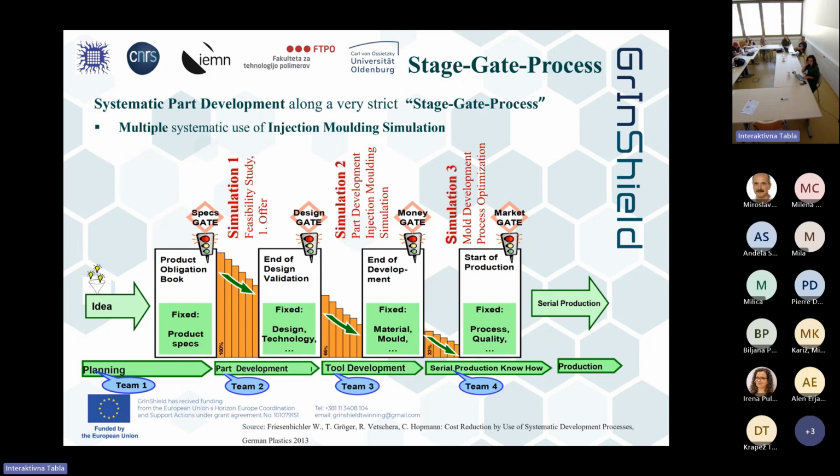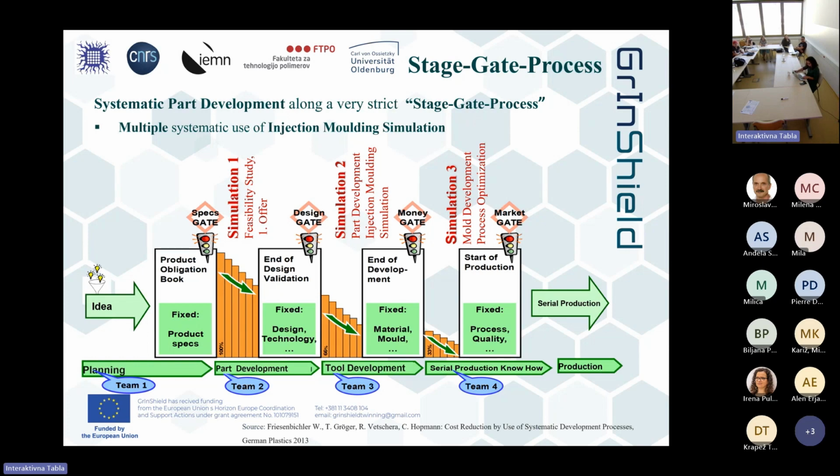And for that, to cut down these uncertainties, we use a first couple of simulations. Then, after the design freeze, we have to develop the mold, the process, the machine or the system, and we have to do another type of simulations.